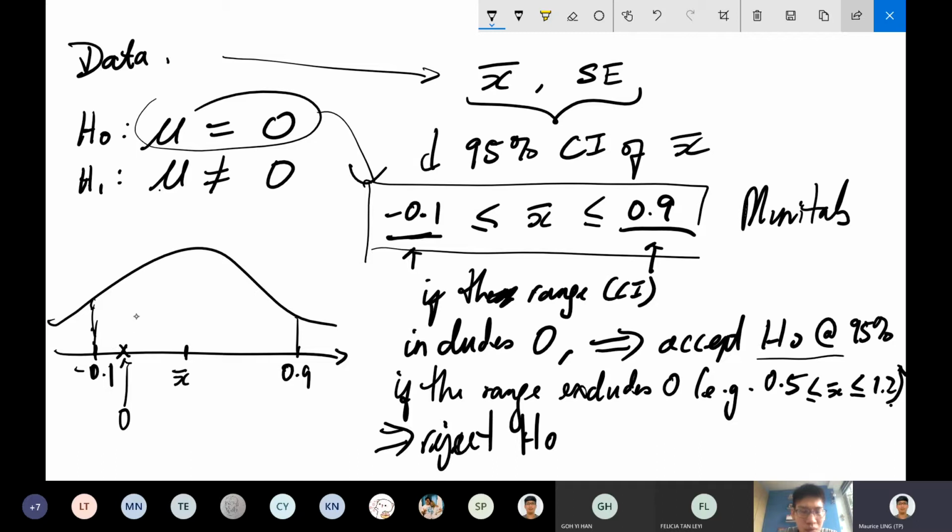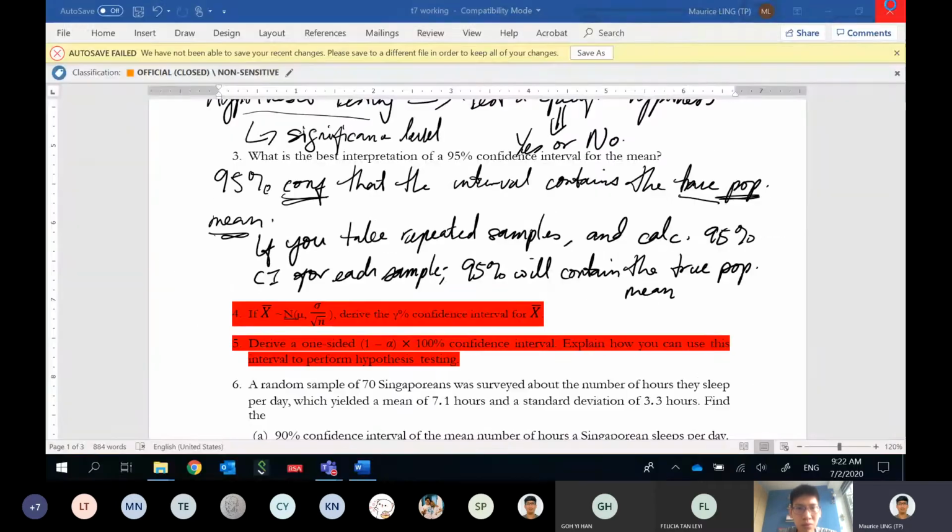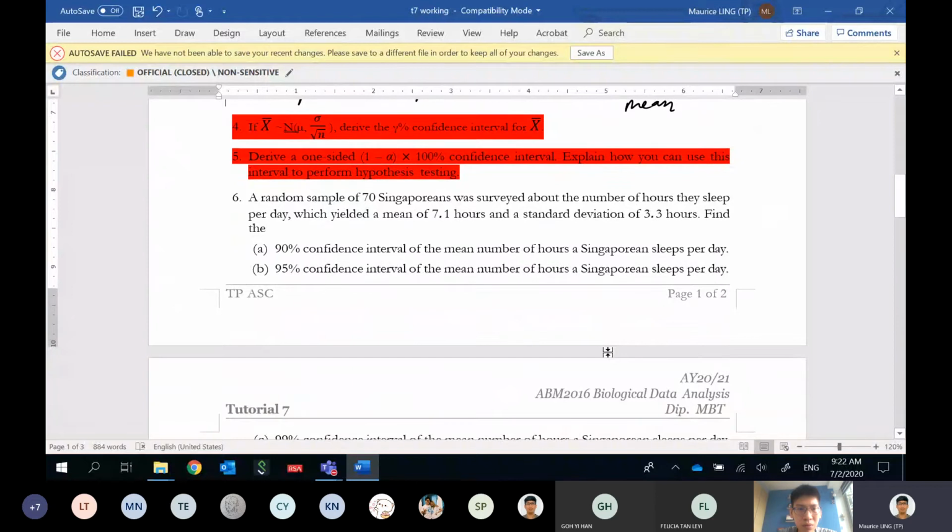It will not be in the critical region because this is the non-critical region. It's the opposite now. When you have time, please sit down and slowly work yourself through this concept. It can be quite useful for you in future. All right, so let's get to the actual calculations now.